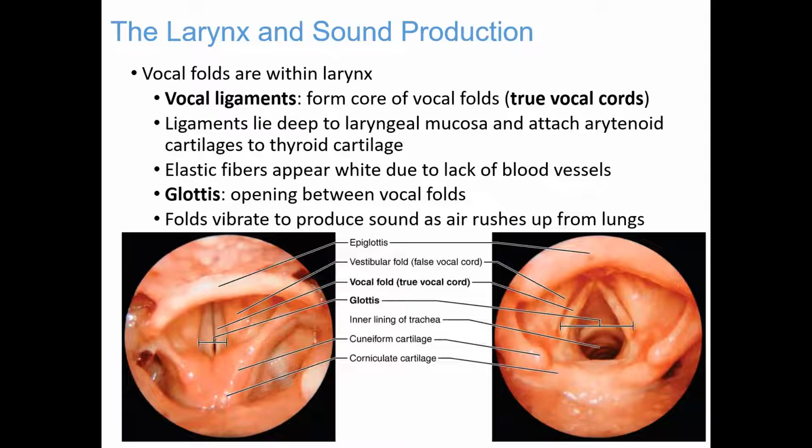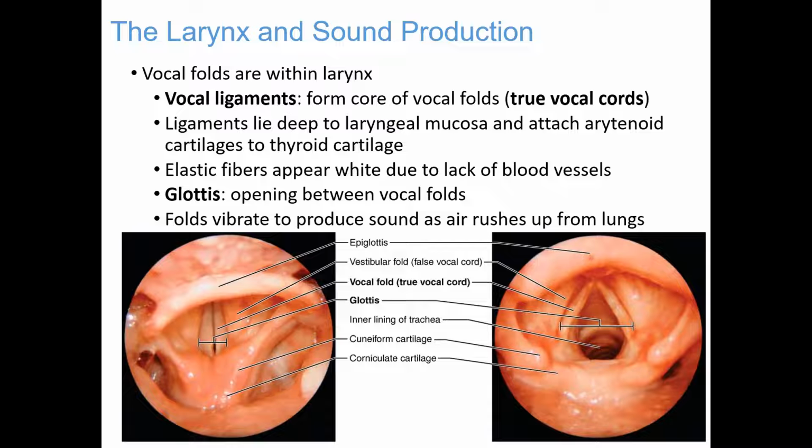The vocal cords are lined up on each side of the glottis, and they tend to be more white than pink in here. They are the structures closest to the actual opening, and they vibrate.